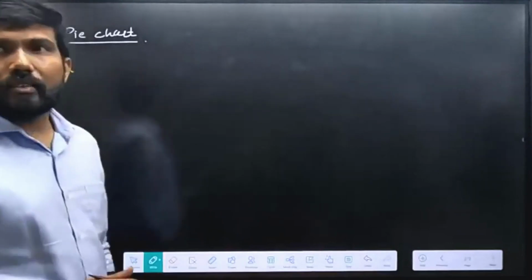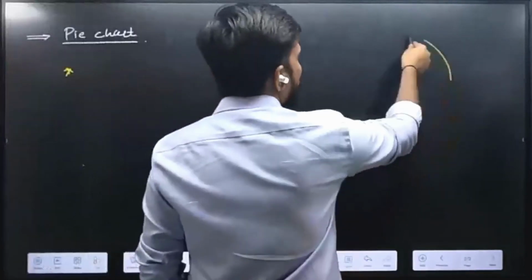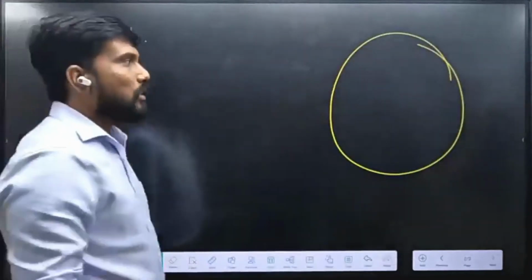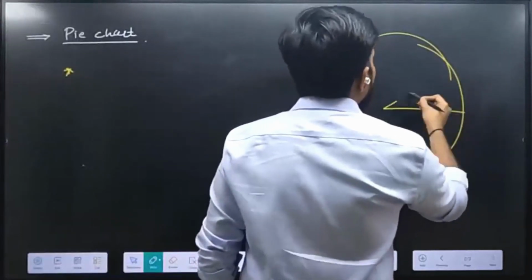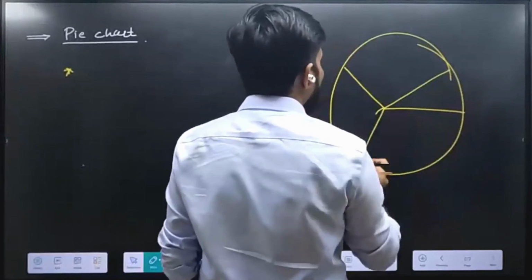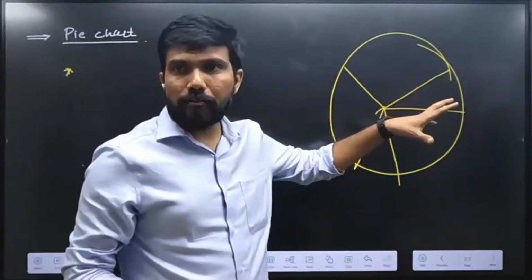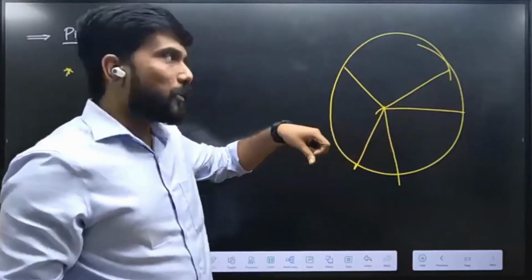You must have seen pie charts before. In a circle, we make slices, and according to the frequencies, each slice makes an angle of particular values. Let me explain with one example.